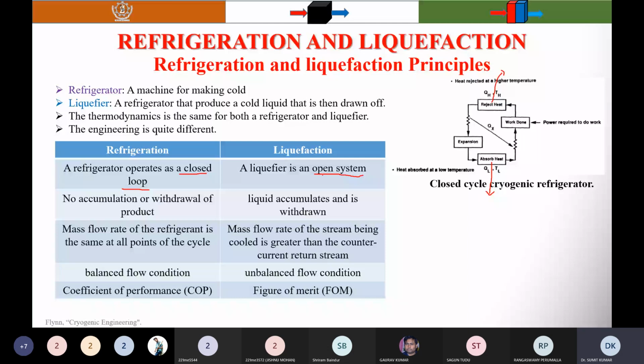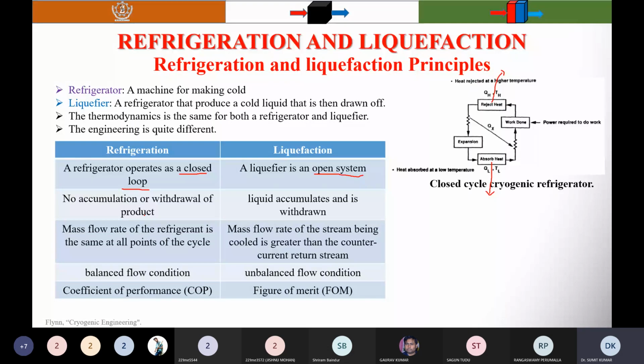Now, the next point is no accumulation or withdrawal of product. It means we are not going to take or withdraw the working fluid.